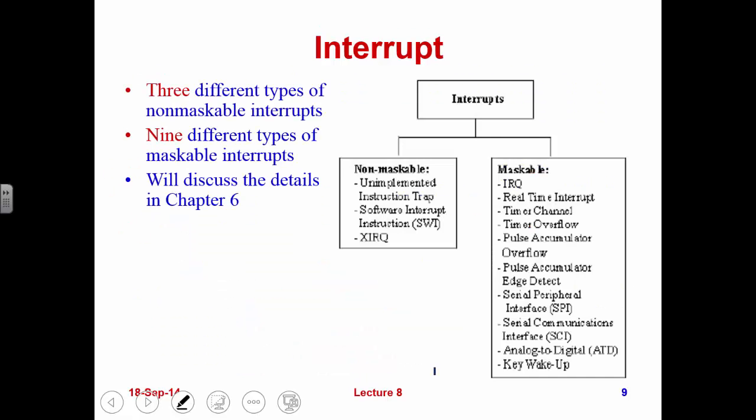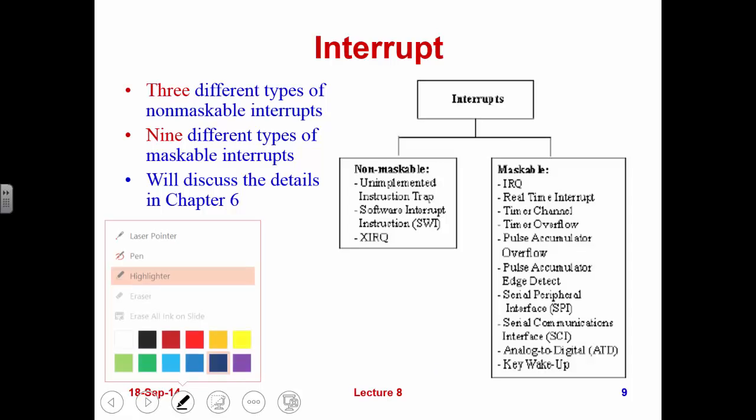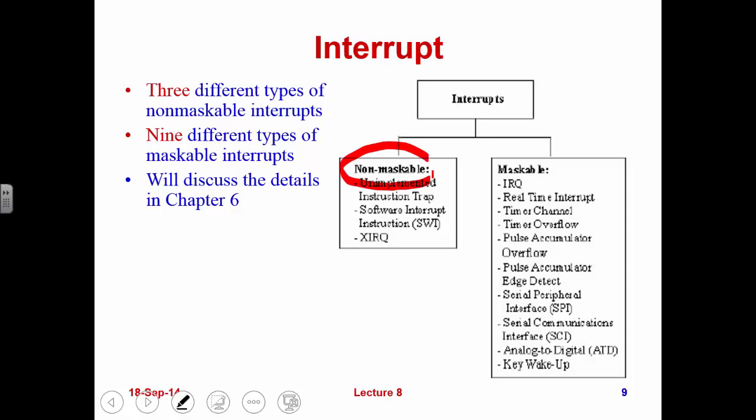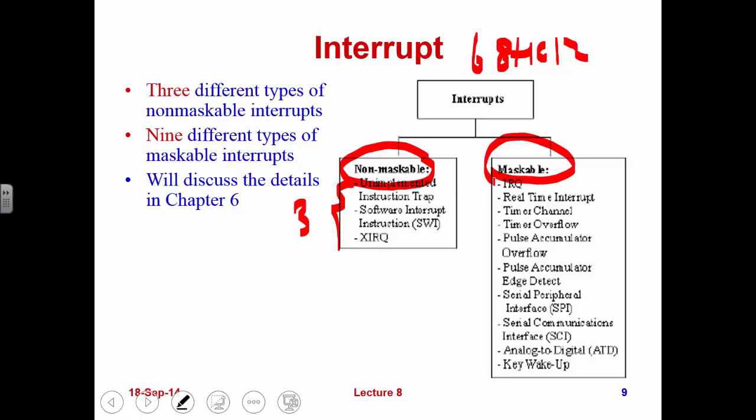In this slide, I show you that we have different types of interrupts. For the 68HC12 microcontroller, we have non-maskable and maskable interrupts. There are many more maskable interrupts, because they are designed so the CPU can choose to ignore them or not, to serve them or not.